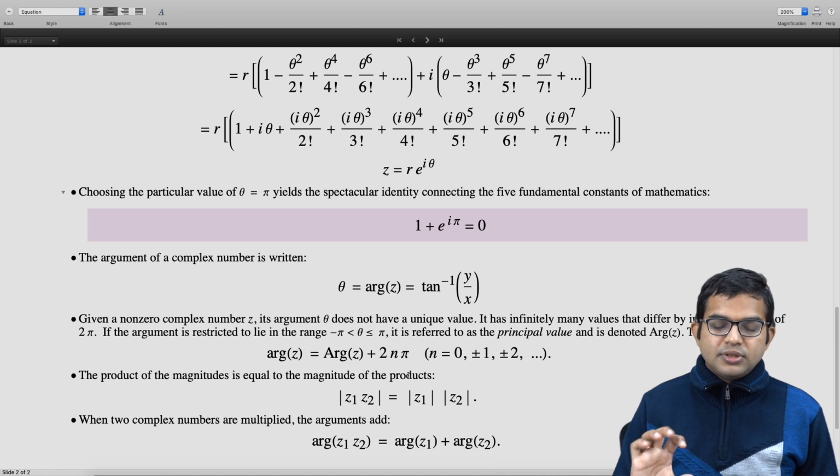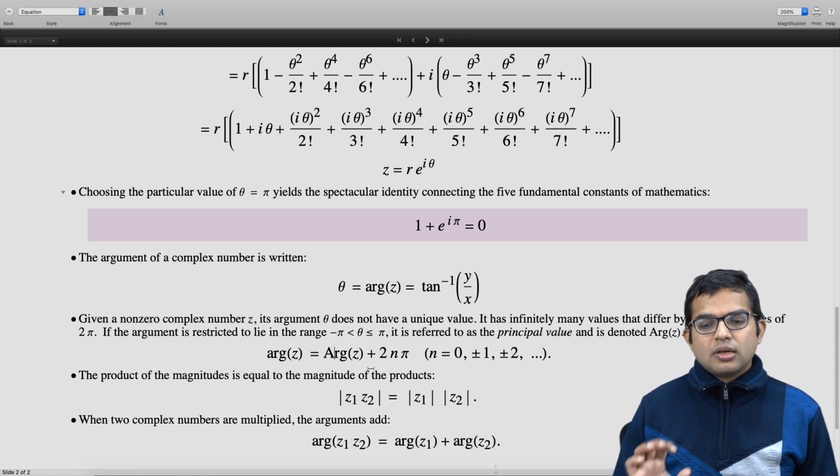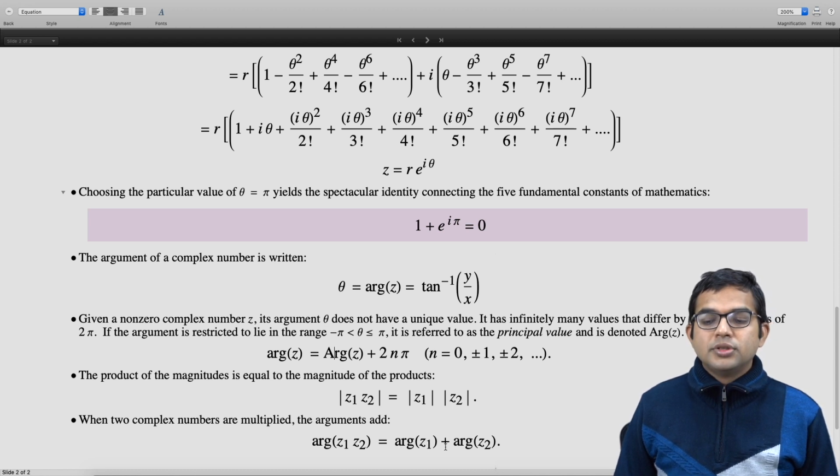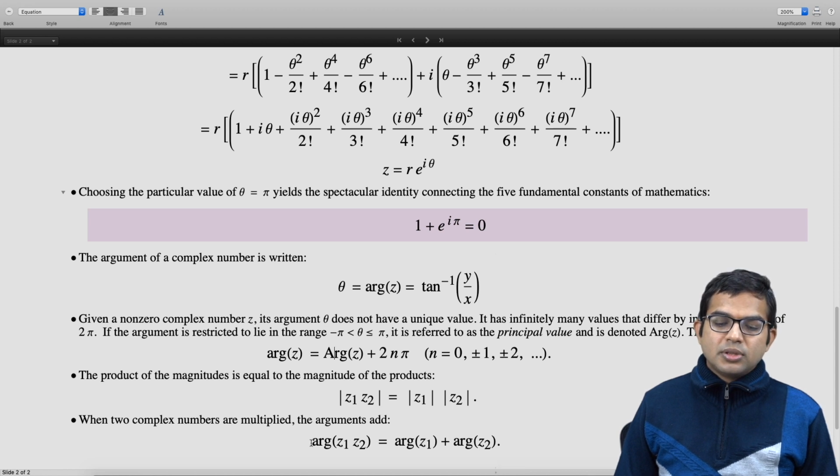Although if z1 and z2 are of a certain special kind, or their arguments are certain values, this equation may hold. But in general, capital arg of z1 times z2 is not equal to capital arg of z1 plus capital arg of z2. But this is true, right? This equation does indeed hold.